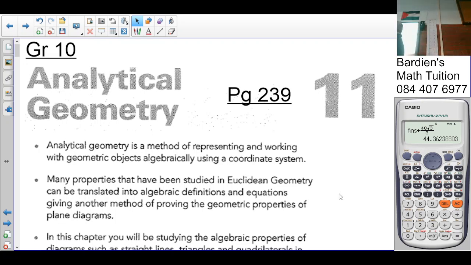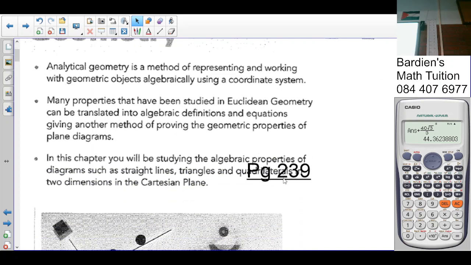Right, so analytical geometry. On page 239, we are told that analytical geometry is a method of representing and working with geometric objects algebraically using coordinate systems. Where did you use your coordinates before? Geography, yes.